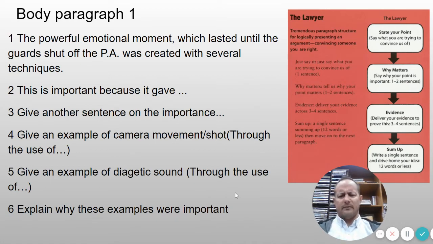Then we have to give a couple of examples here. So give an example of camera movement. Through the use of camera movement and close-up shots, the camera moves slowly along the cord to the PA system, and in the build-up to Andy turning it on and setting the record player going, and through the use of diegetic sound, Andy switches the PA on.